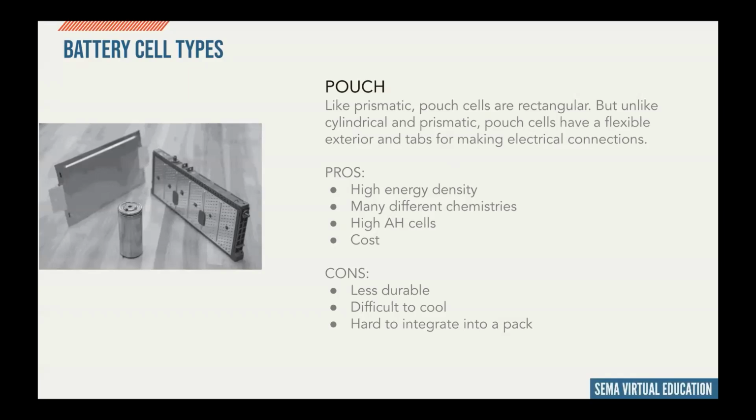They're difficult to cool because it's typically harder to design a cooling system that pulls the heat out of them, because of the mass density, and they can be more challenging to integrate into a battery pack. Pouch cells, when designed into battery packs in low volume or custom applications, are typically used in modules, and those modules are easier to integrate into a complete pack.